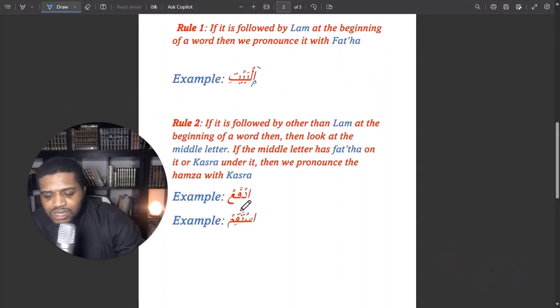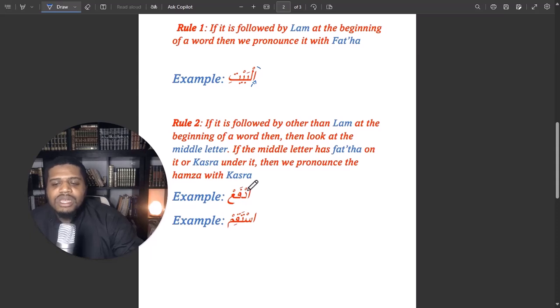So let's look at this in this example here. We have the word idfa'. Okay, how did I know to say e? Well, first and foremost, I looked at the letter after it and it's not a lam, so I couldn't say a. So a is out of the picture. Fatha is out of the picture because we said fatha is only for when we see a lam after Hamzatul Wasl.